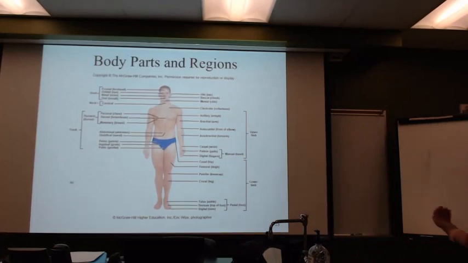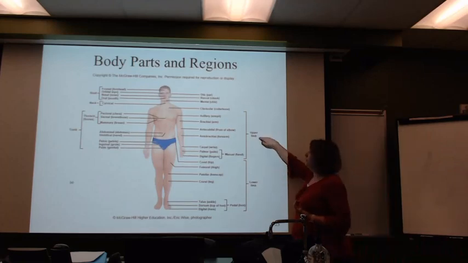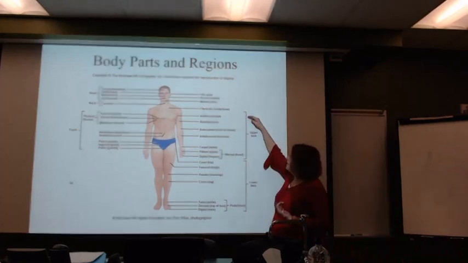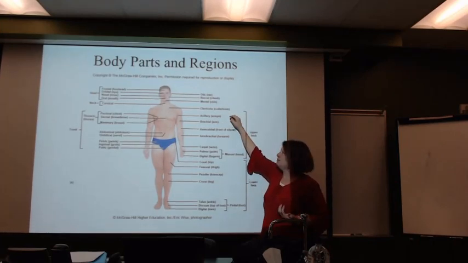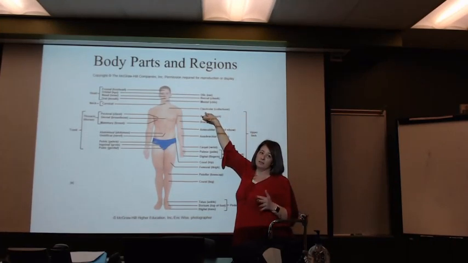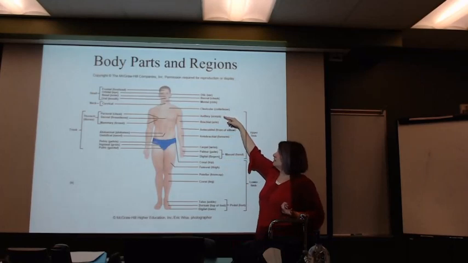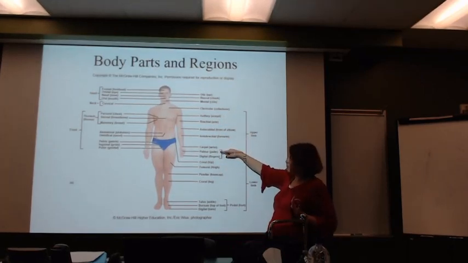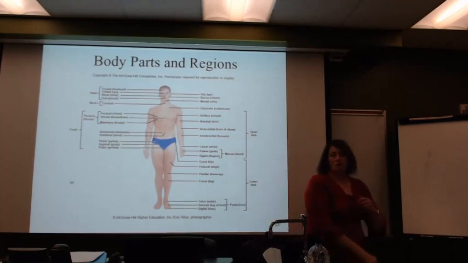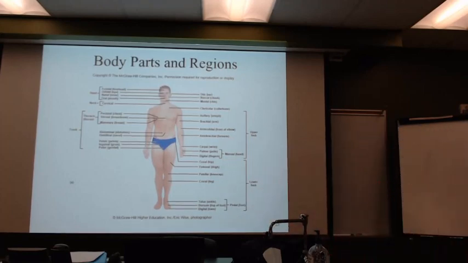So if we look, for example, at the upper limb, we've got the common name, we've got the official term: clavicular, axillary, brachial, antecubital, antebrachial, carpal, palmar, digital. Whew. You will see those terms.